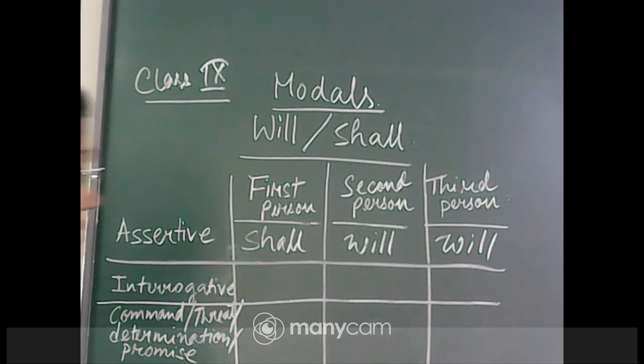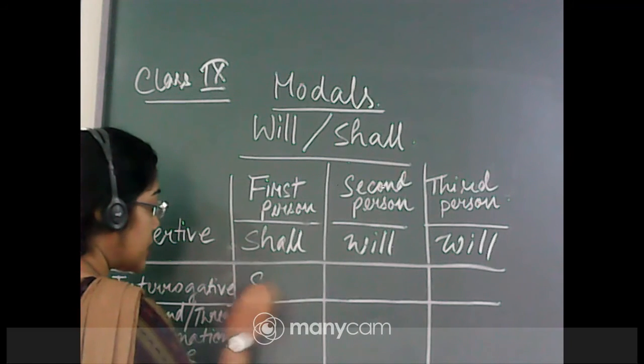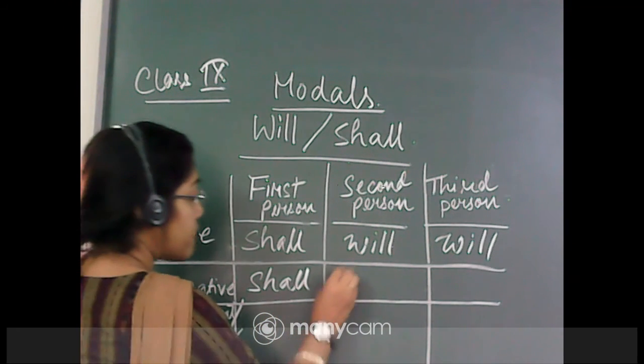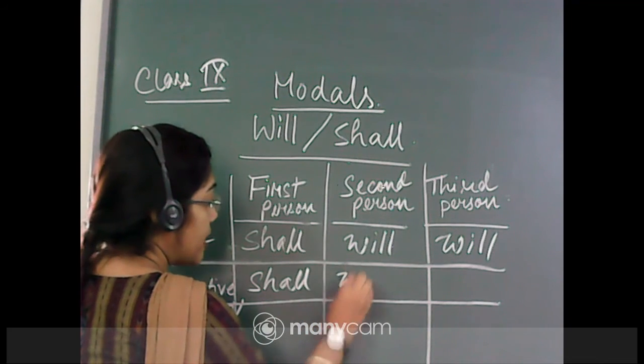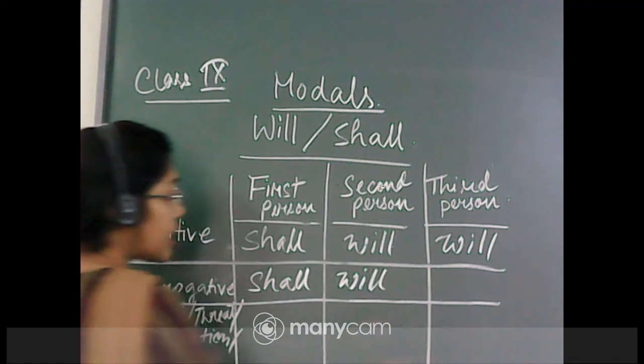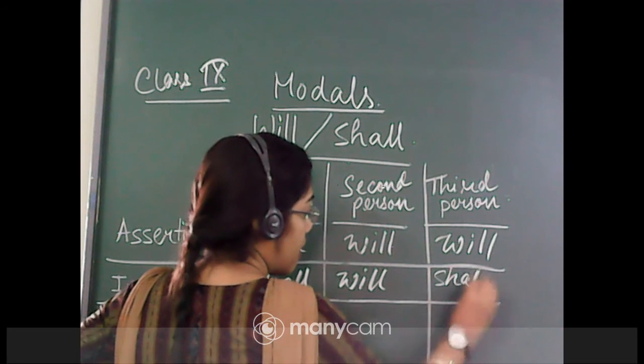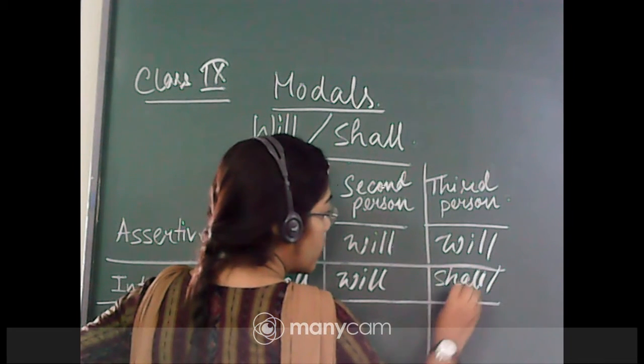For the first person, there also we will follow shall. For the second person, there also we will follow will. For the third person, we can use either shall or will.